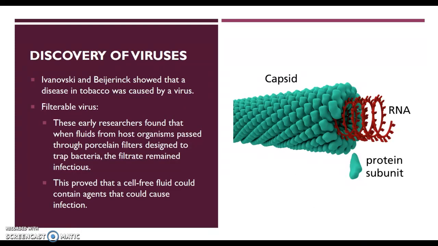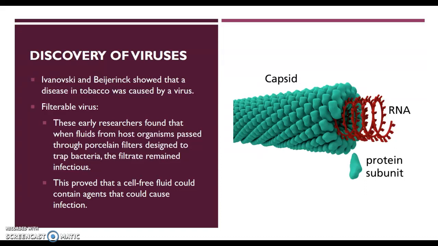Viruses were first discovered by Ivanovsky and Beijerinck in tobacco, and they were able to isolate and identify the tobacco mosaic virus. And they did this through a filtering process where they filtered cellular fluid through a filter that was designed to trap bacterial cells, any cellular tissue that was contained in the fluid.